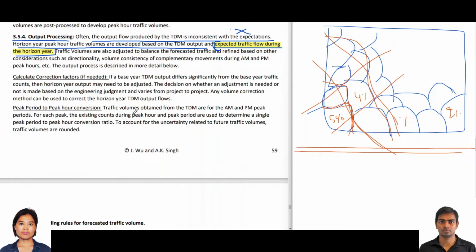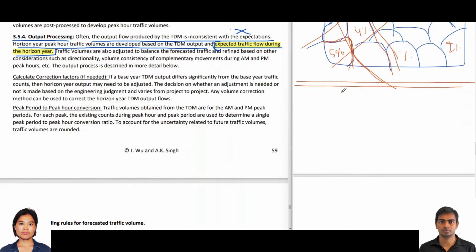So having that intuition, that engineering judgment mindset, and having those numbers set in our mind is gonna help us adjust the output numbers. That's the thought process I usually use, which helps me finalize the future volumes.